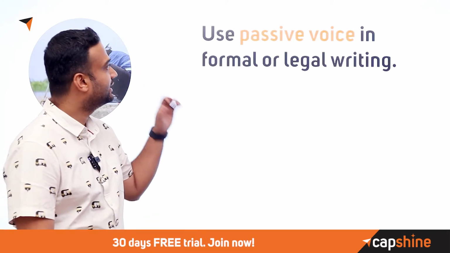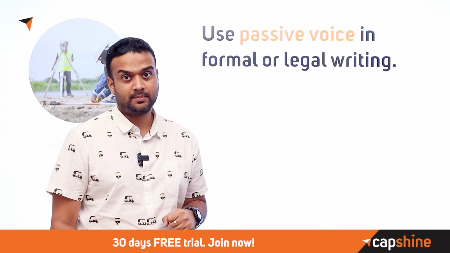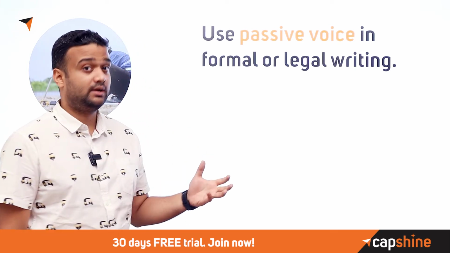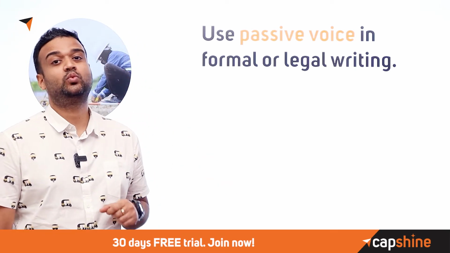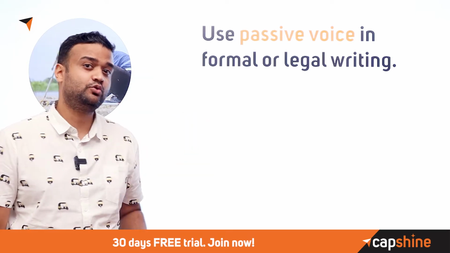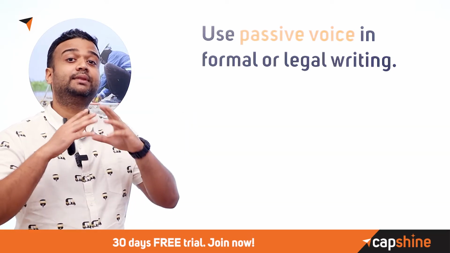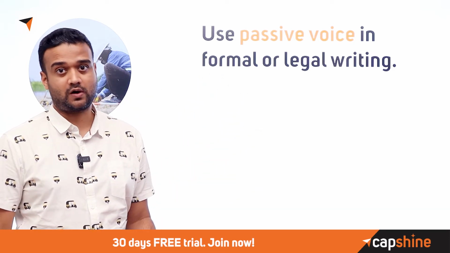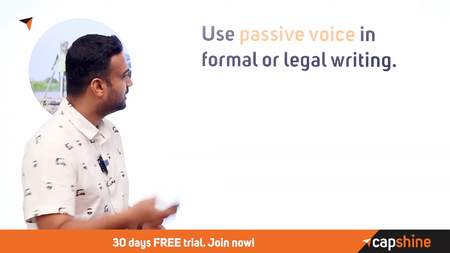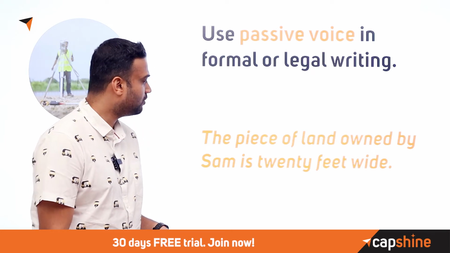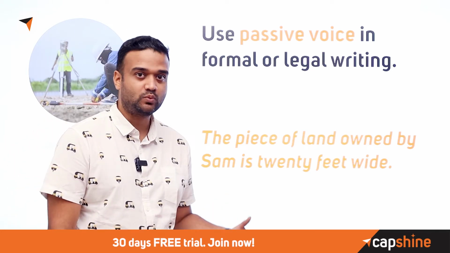Another context where this can be used is in legal writing or formal writing, specifically in cases where you do not want to specify who you're talking about or who did the action, and you want it to convey something for all involved in an organization or in a situation. For example, the piece of land owned by Sam is 20 feet wide.